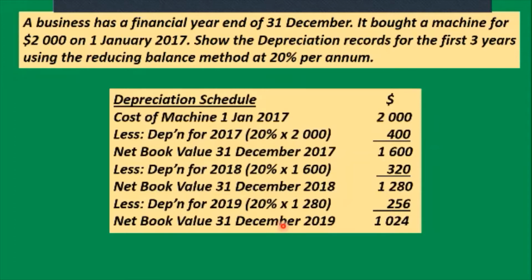Okay, so now let's see how we record this, first in the journal. The general journal is one of the books of original entry. That's the first place we have to record our depreciation.